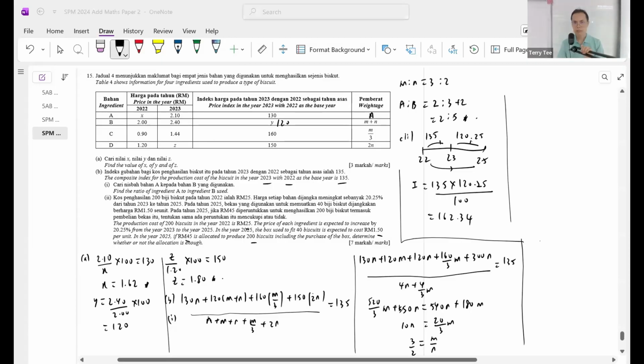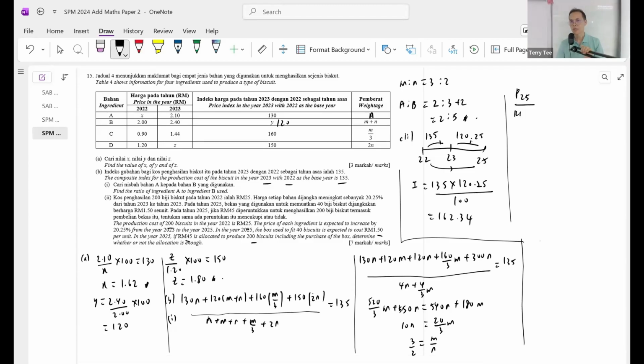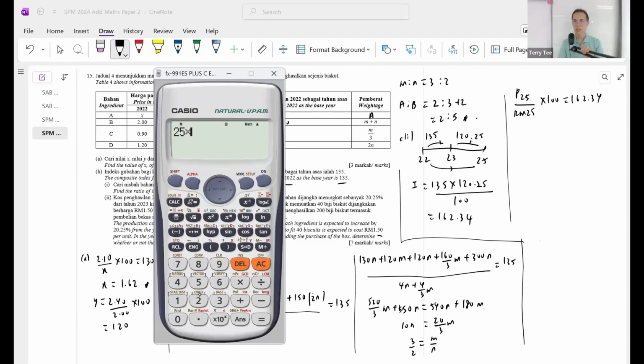So remember, you're making how many biscuits? 200. Initially, it cost 25 ringgit. So the price in year 2025 divided by 25 ringgit times 100 equals 162.34. We find out the price in year 2025. So 25 ringgit times 1.6234, you should get 40 ringgit 59 cent.